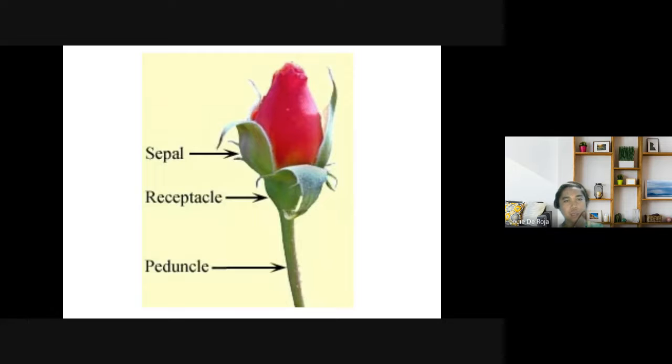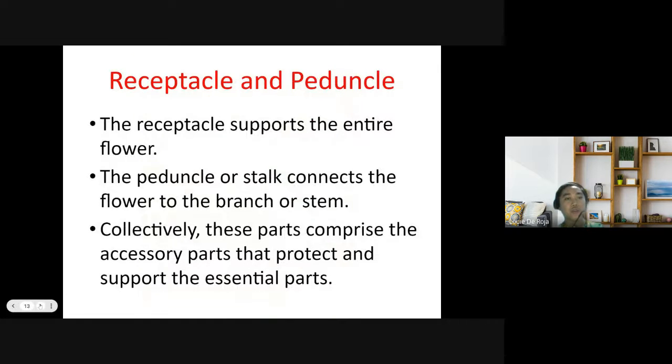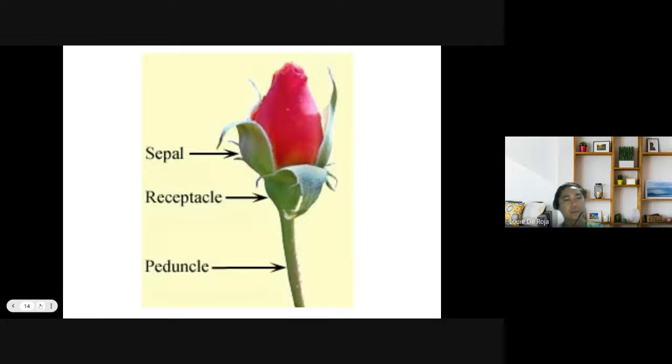So this is sepal, this is receptacle and peduncle. Yung tangkay, yung peduncle, receptacle, yung sa pinakadulo nagko-connect siya dito sa sepal at saka doon sa petal. Diba? Sila yung nagpo-protect or nagsusupport sa entire flower.